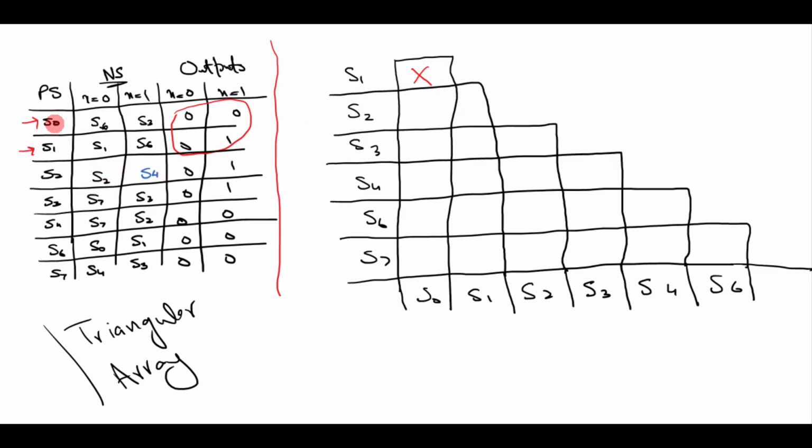Similarly, S0 and S2 also have different outputs, so they cannot be equivalent. Now S0 and S3 also have different outputs. Here you have 0 0, whereas here you have 0 1. So S0 and S3 cannot be equivalent.